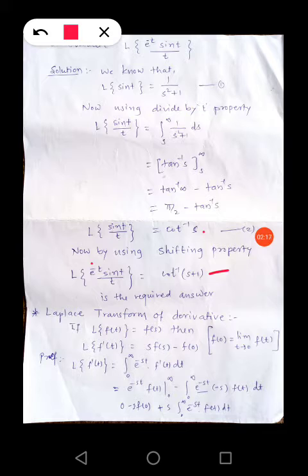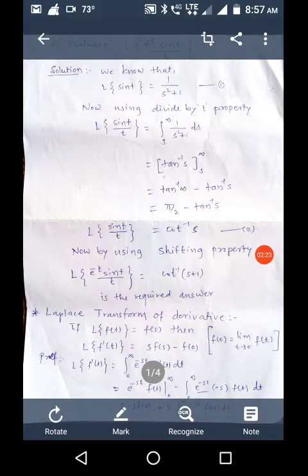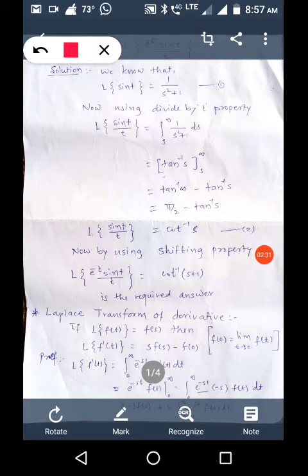Now see the Laplace transform of derivatives. If Laplace of f of t is equal to F of s, then Laplace of f dash of t is equal to s into F of s minus f of 0.